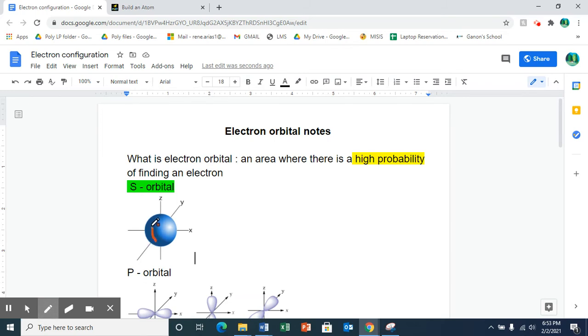So let's say we can have an electron traveling inside of here with an up spin, and we can have another electron with a down spin. Because this can only form one shape, it can hold two electrons, one going up and one going down. So the s orbital holds two electrons.